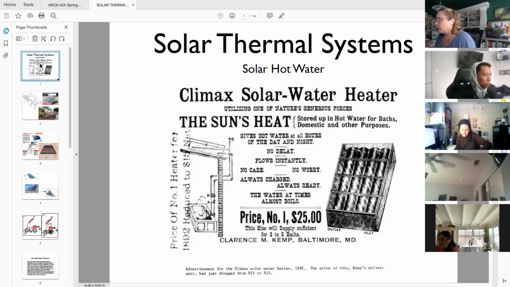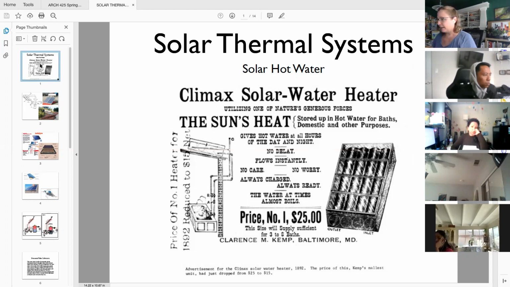So solar hot water is not a brand new idea. Probably since the beginning of time, humans have been heating water with the sun. Makes it much more comfortable. This is an ad from 1892 for a solar thermal system to transfer hot water straight to a bathtub.